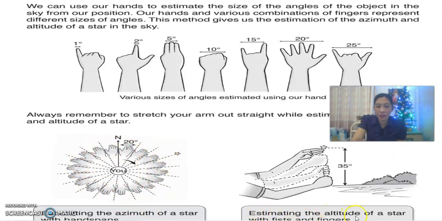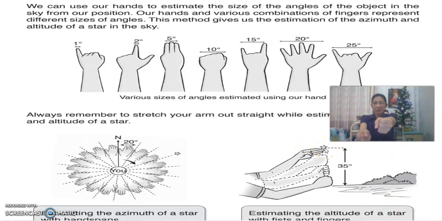Estimating the altitude of a star with the fist and fingers. Every fist is 10 degrees. This is the fist, this is the handspan. So stretch your arms and measure from here to find the star.